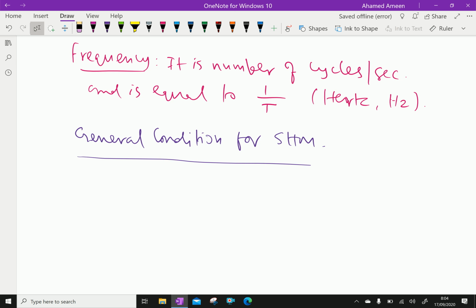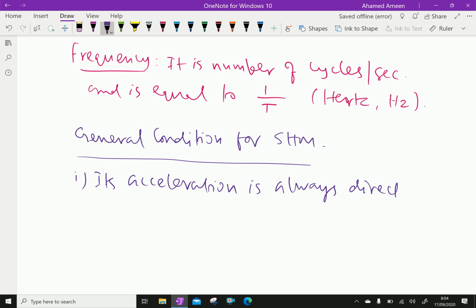That means as the swing goes towards the center, its acceleration is increasing, and from the center to the extreme position, its acceleration is reducing.